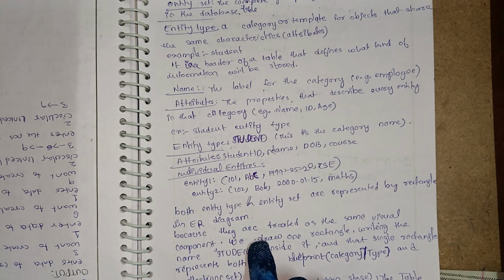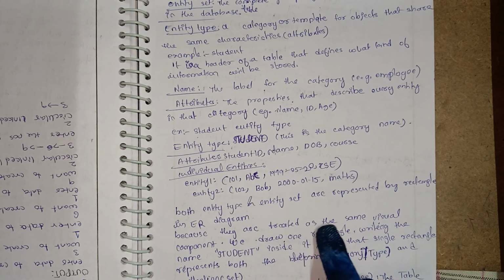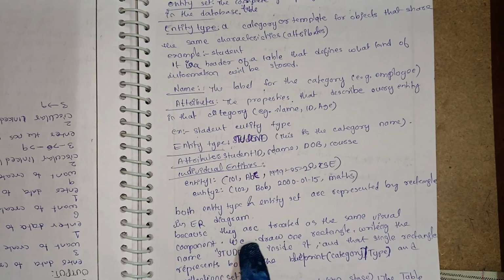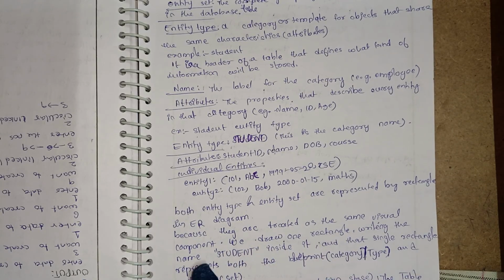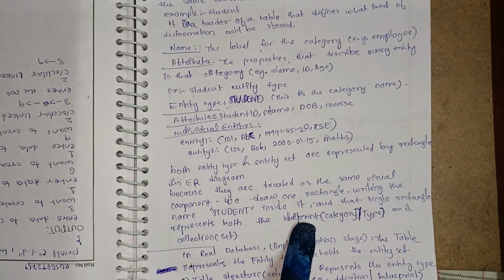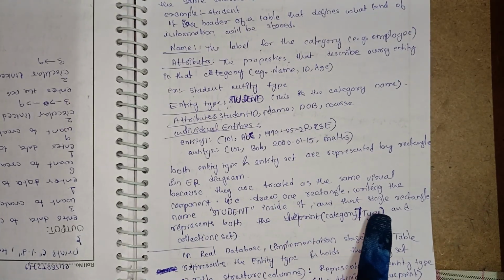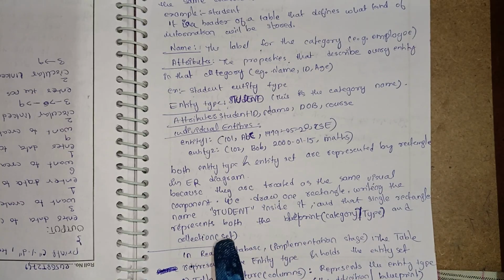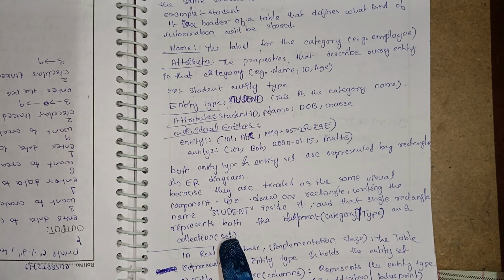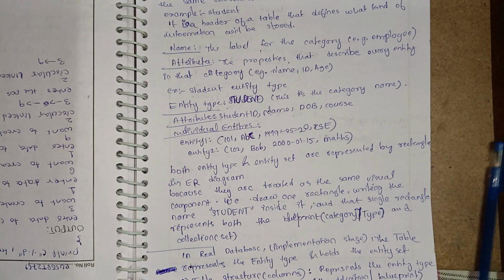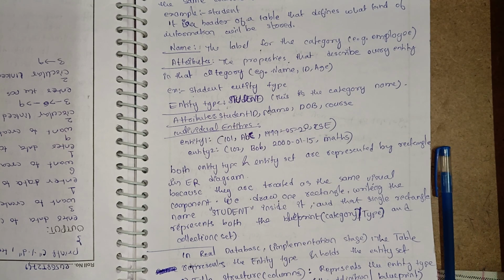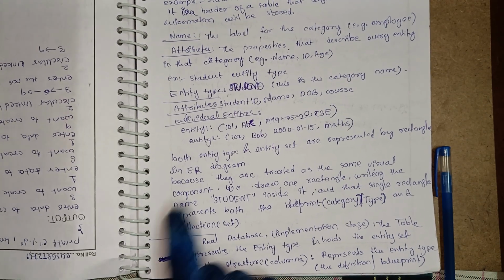Okay, because they are treated as the same visual component. We draw one rectangle writing the name student inside it, and that single rectangle represents both the blueprint, means category or type, and the collection or set of that entity. Okay, and this is in the ER model.